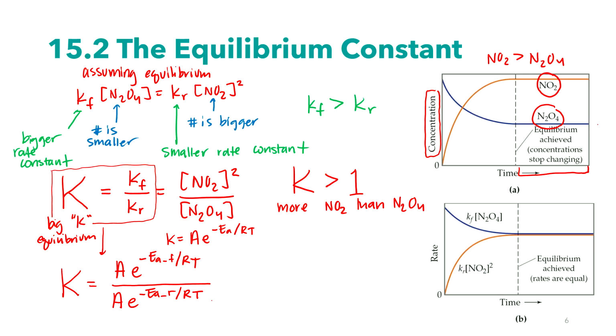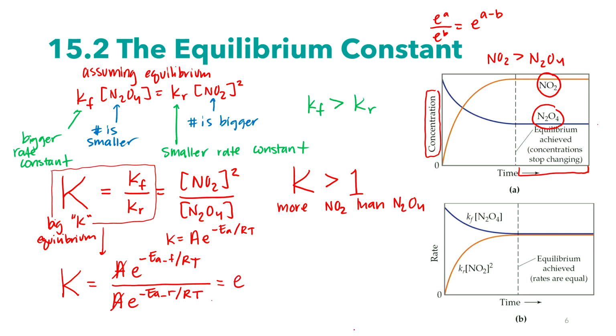So that cancels. I'm going to use some exponent rules, that e to the a divided by e to the b equals e to the a minus b. So that's what I want to do with these exponents.